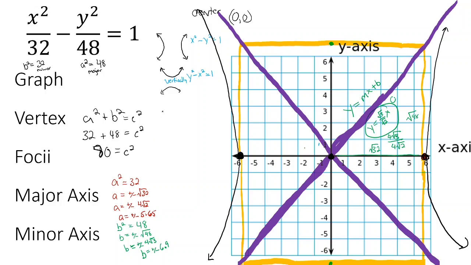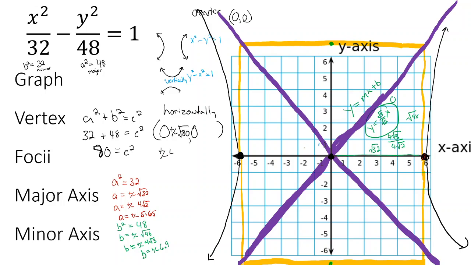So when it opens horizontally, just like last slide, start with the center. Then if it opens horizontally, that means it'd be equals plus or minus the square root of 80, which you could reduce. 80 divided by 16 is 4 root 5.